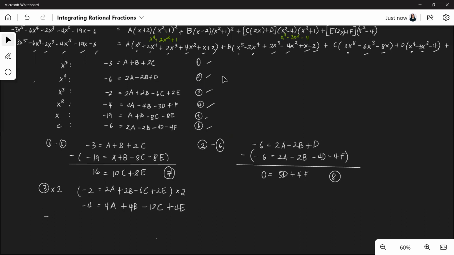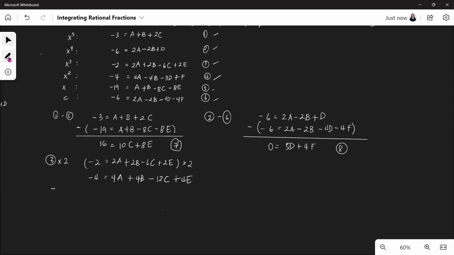So instead, let's see, we can use 1 and 3 so that we can eliminate A and B, and then we'll have another equation relating C and E. Sorry, erase, erase. I thought this had the same operation, plus and plus or minus and minus, but they are different.